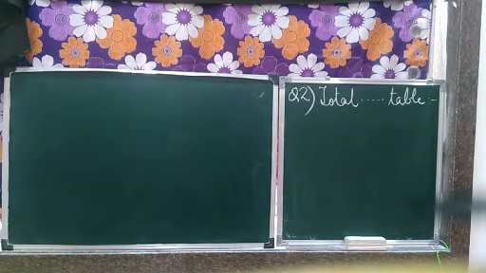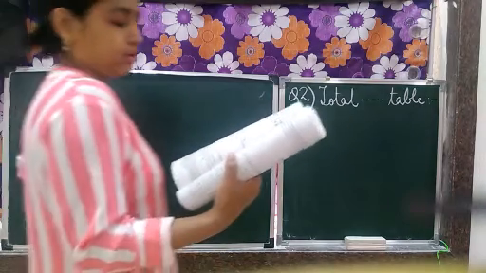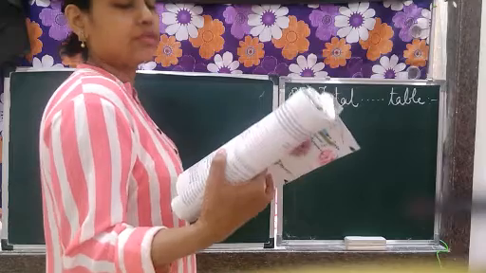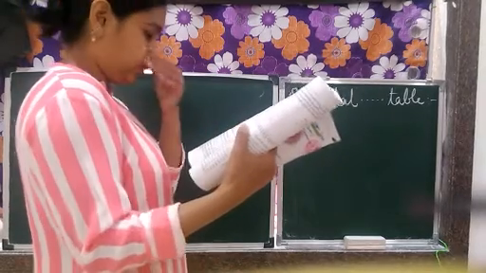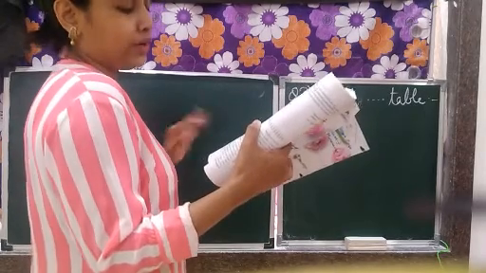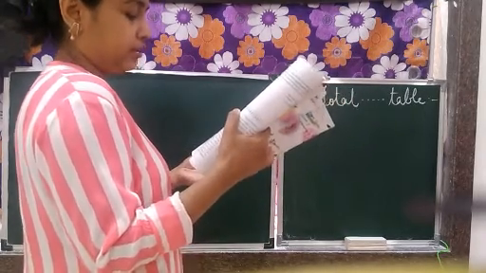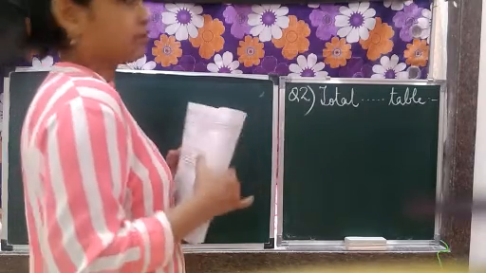You can see the years given: 1996, 98, 2000, 2002 and 2004. So number of students in a school. Prepare a pictograph of students using one symbol to represent the students. One symbol is representing 100 students. Okay, and you have to answer the following question also.